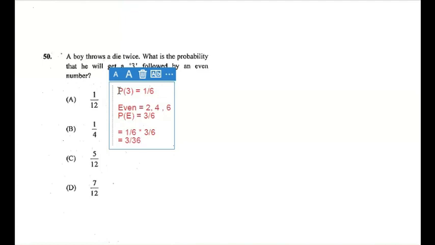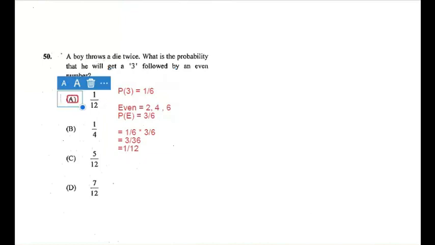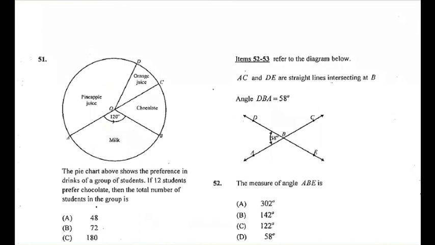We simplify our fraction as always, and you will get 1 divided by 12. So 3 into itself one time, and 3 into 36 goes 12 times. So our answer here is A, and it is as simple as that, guys.